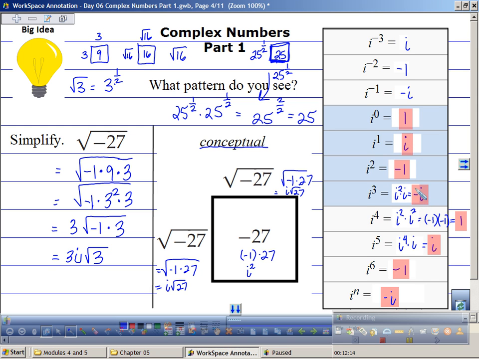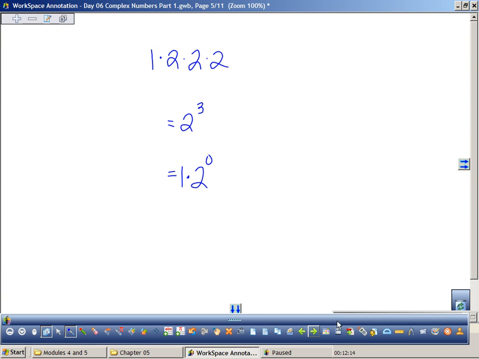There's a pattern. So is it really that much to memorize? If you understand it? No. The only one you really need to memorize is i squared. The other ones you can derive from knowing what you're doing. Okay, let's move on.